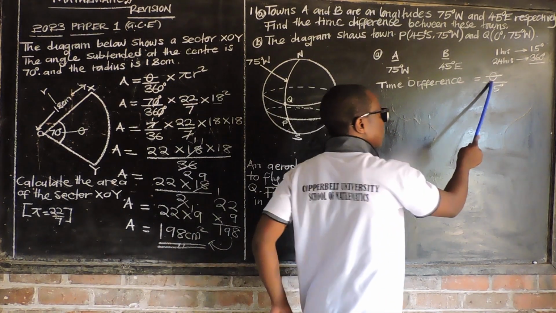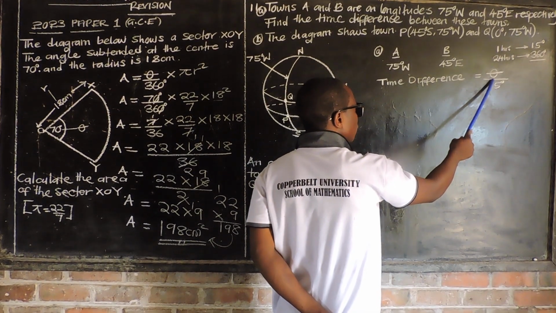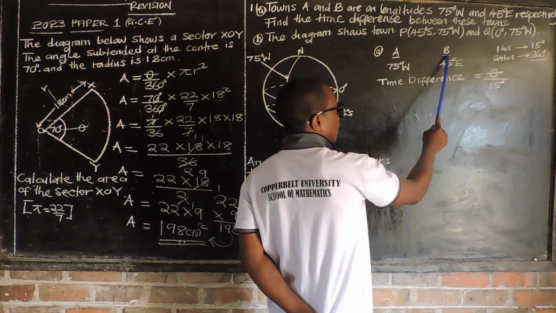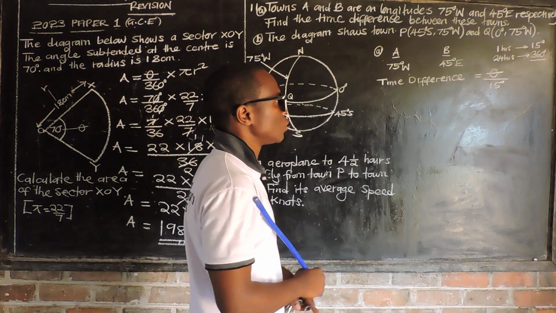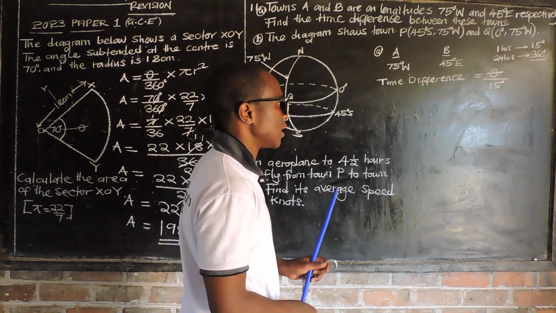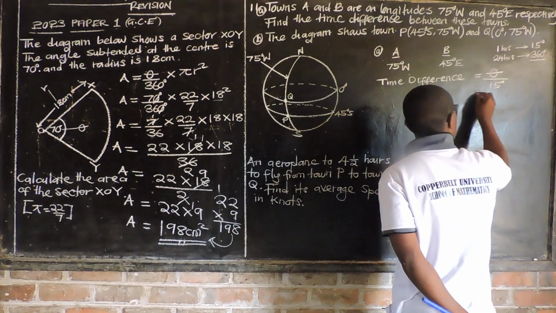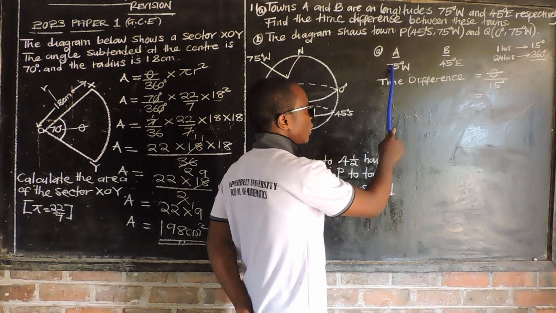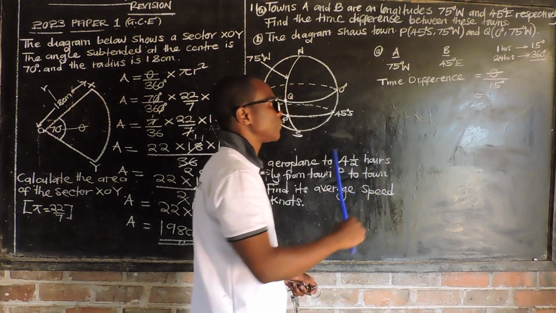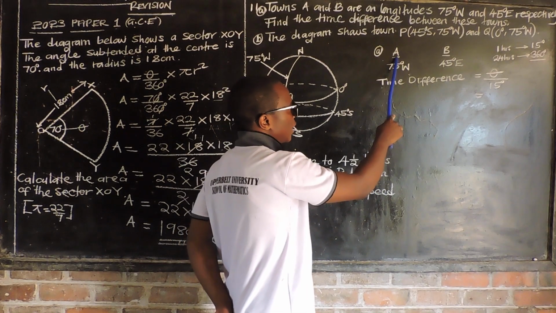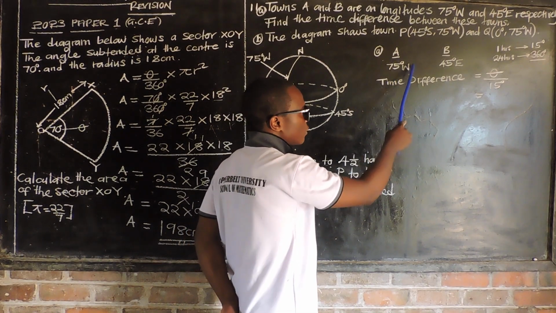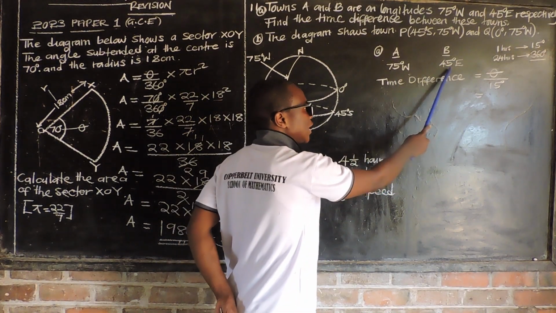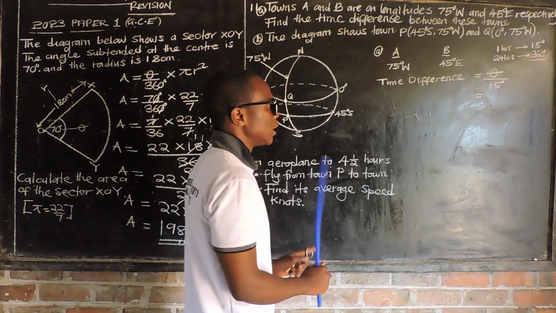So the time difference is theta over 15, where theta is the difference in longitude between town A and town B. Since the two towns are on different hemispheres, town A on the western part and town B on the eastern part, we add the two longitudes.